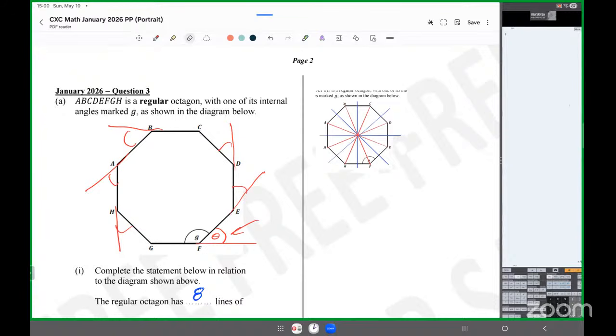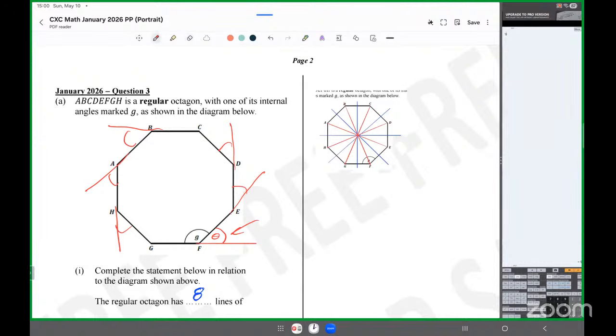If it has 1 million sides, the total exterior angle is 360 degrees. If it has 3 sides like a triangle, the total exterior angle is still 360 degrees. The total interior angle of a triangle is 180, but the total exterior angle of a triangle is 360.